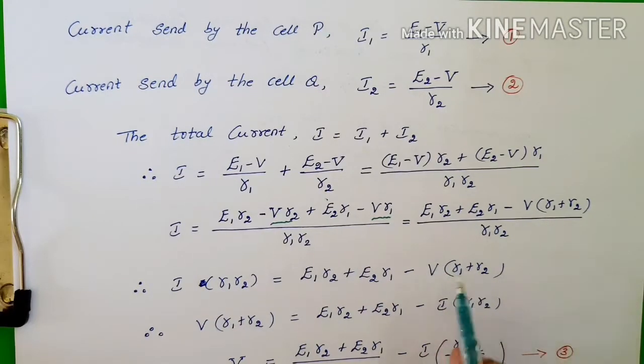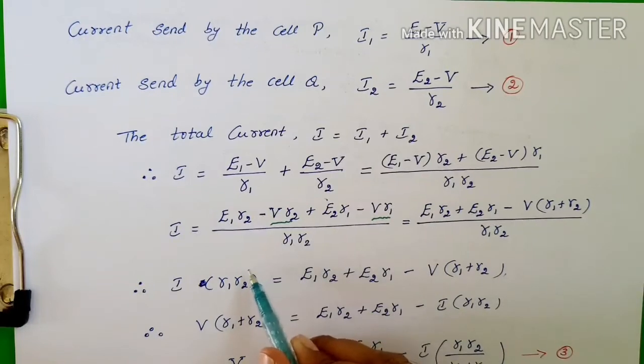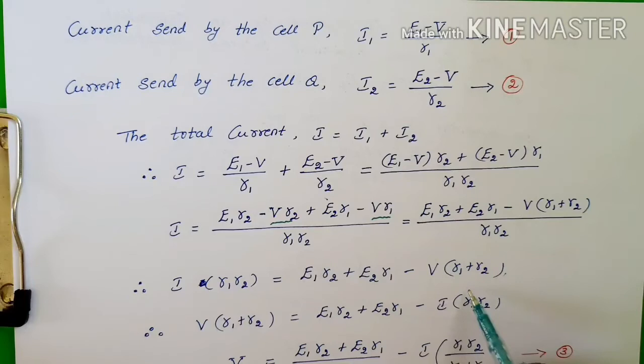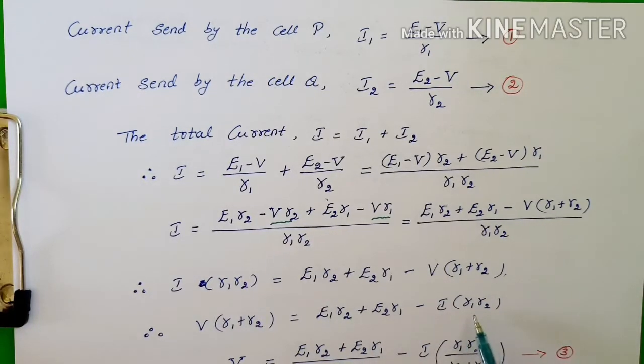Now I am just interchanging these VR terms to the left hand side and sending the IR terms to the right hand side. Is it clear? So here it will become V into R1 plus R2 equals E1 R2 plus E2 R1 minus I R1 R2.